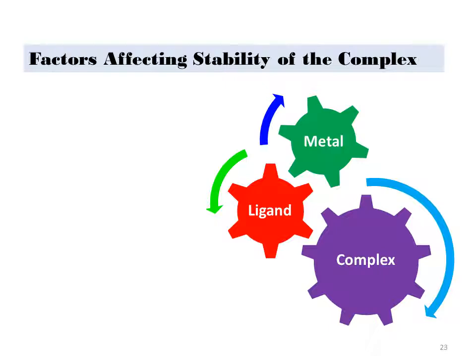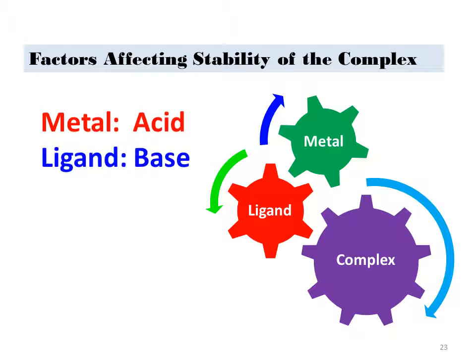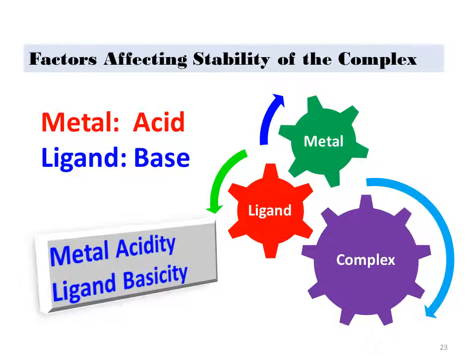Well, what are the factors affecting stability of the complex? Since the complex is formed between the metal and the ligand, there are some factors affecting the metal and some factors affecting the ligand: the acidity of the metal, the basicity of the ligand.